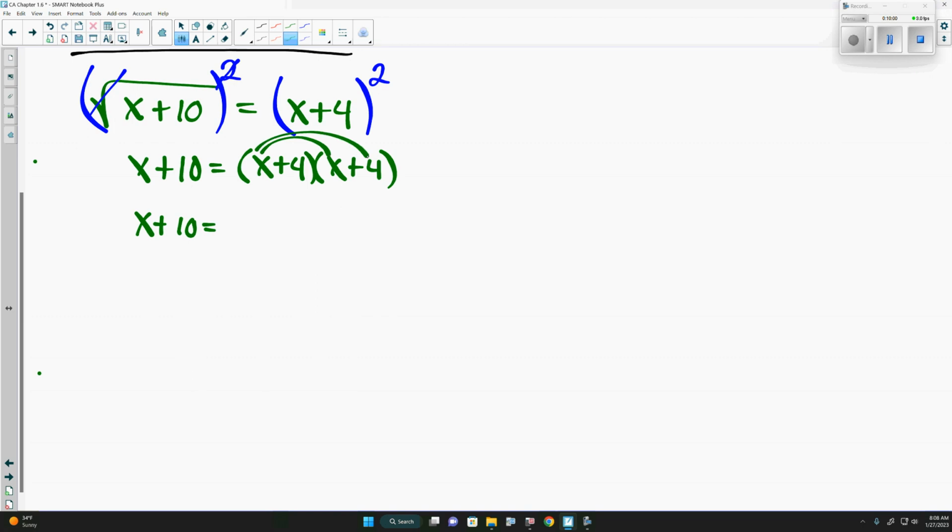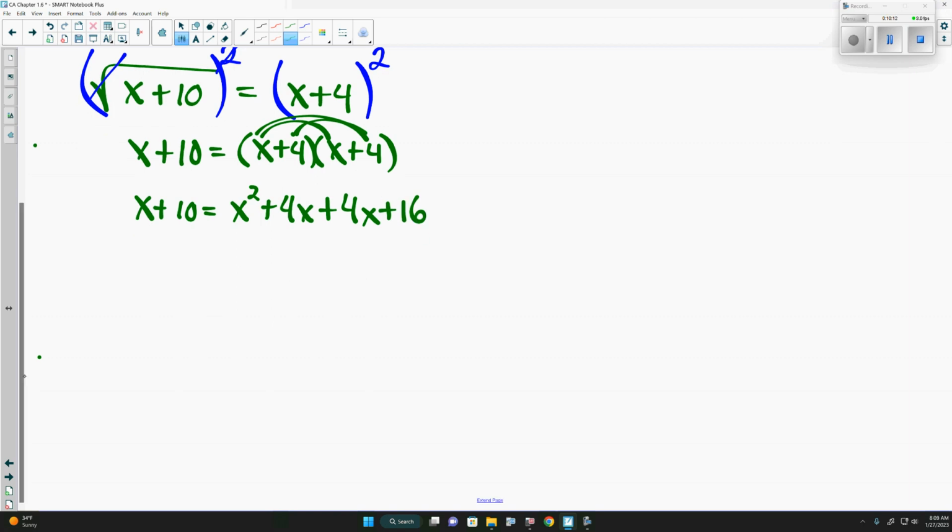Multiply through. x times x is going to give us x squared. x times 4 is plus 4x. 4 times x is plus 4x. And lastly, 4 times 4 is plus 16. Now we can combine like terms. 4x plus 4x is 8x.